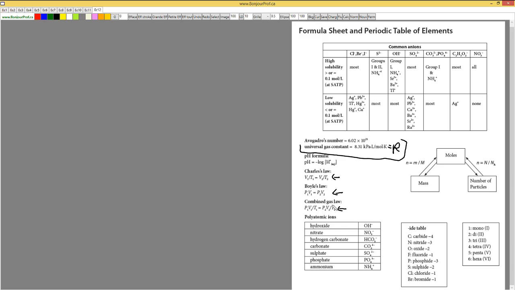So you have these formulas here. You have another formula that we are going to use, with the universal constant.